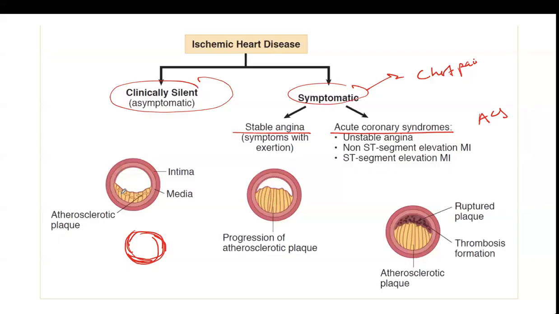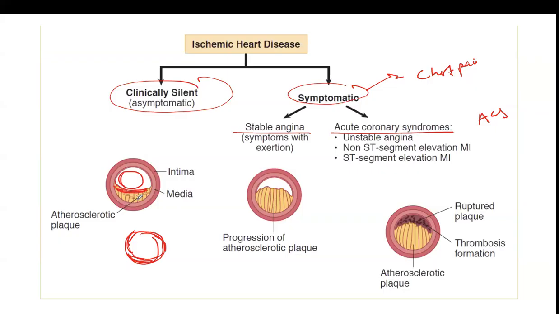Without exertion, they still have a lot of space in here and blood can easily flow in and out. But when they do exertion, their oxygen and blood requirement increases. At that time, because it's a bit narrowed, it becomes hard for the blood to reach everywhere in time. Then they get the chest pain.